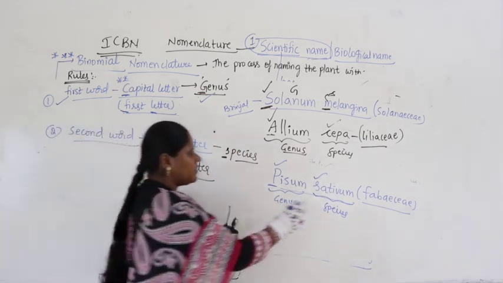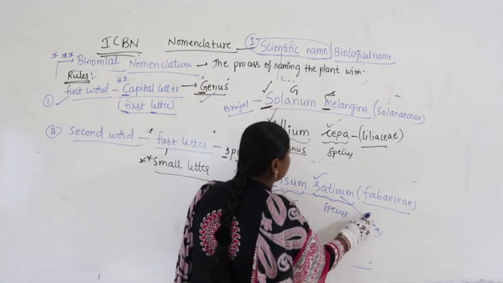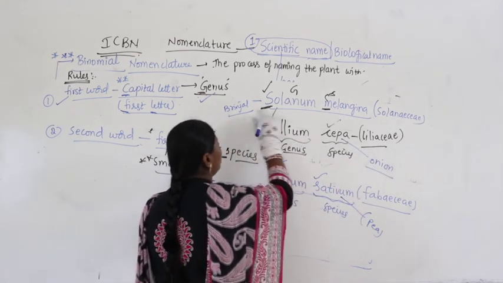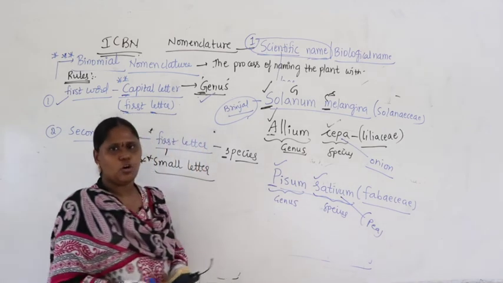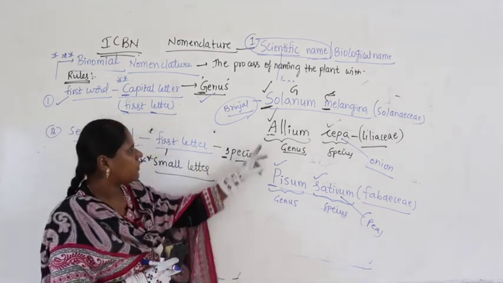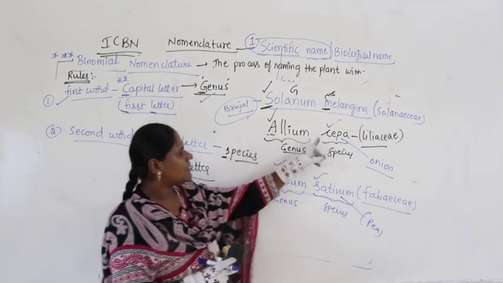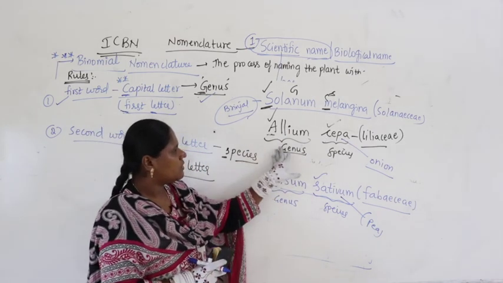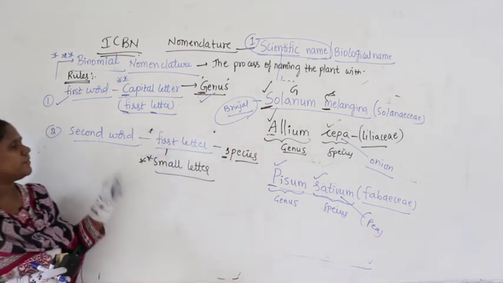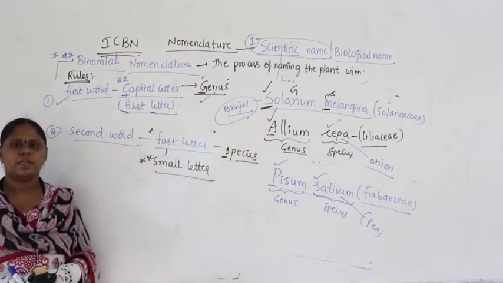You know the common names, right? Pisum sativum is the pea plant, Allium cepa is the onion, and Solanum melongena is brinjal. So you need to take precautions when writing a scientific name. The first letter should be capital and the next should be small when you write the genus and species, because we include two names in one scientific name. That is the first rule of binomial nomenclature.